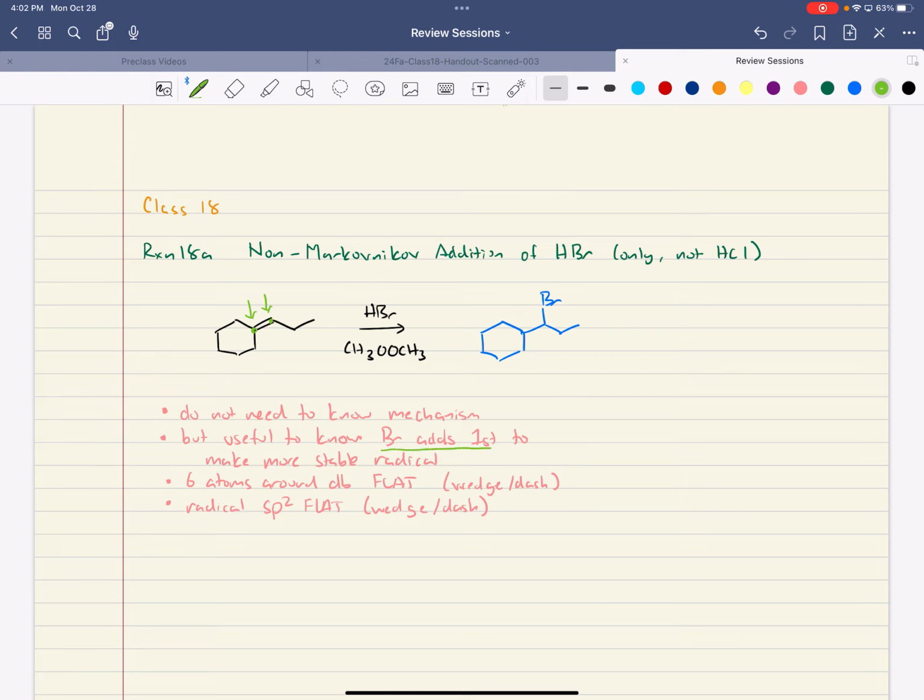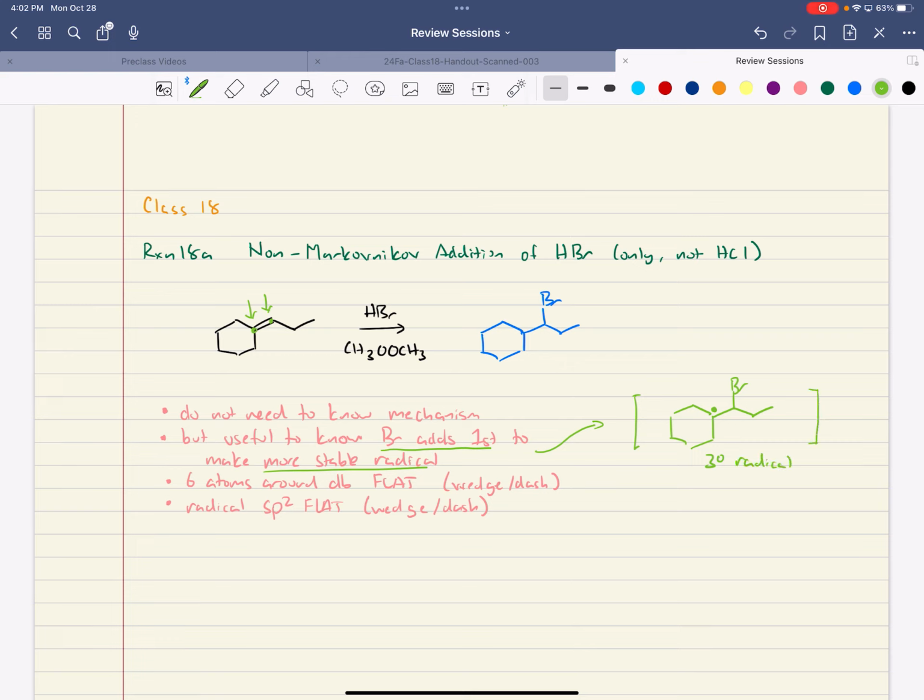If you wanted to do this idea that you have an intermediate, let me underline it. What does that look like? Is it possible to have this question? Maybe. You should know what it looks like because it helps determine that this is non-Markovnikov, meaning that the bromine adds first to make the more stable tertiary, in this case, radical.